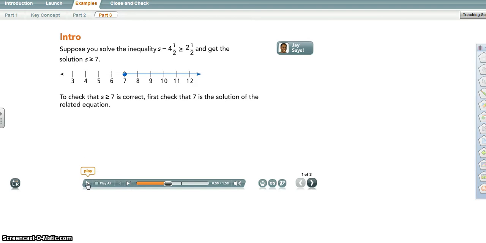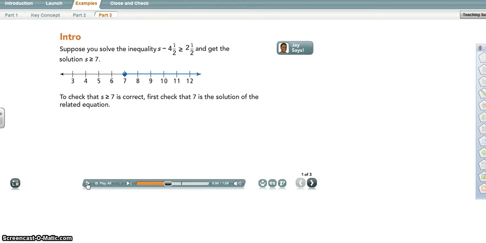Okay, there's basically two things we need to check. When we say s is greater than or equal to 7, we're saying two things. We're saying s can be greater than 7, and we're saying s can be equal to 7. So when they first tell us to check the solution to the related equation, they're talking about checking the part that says s is equal to 7.